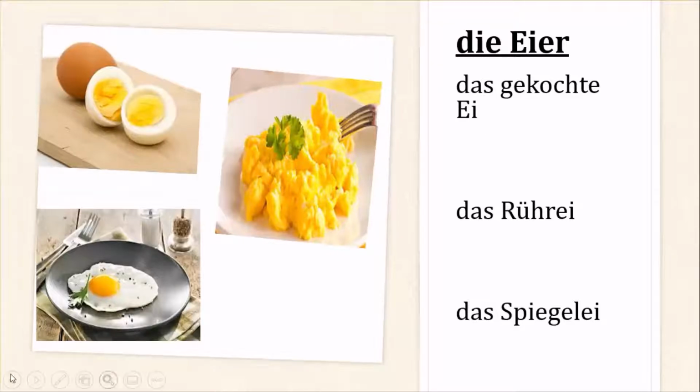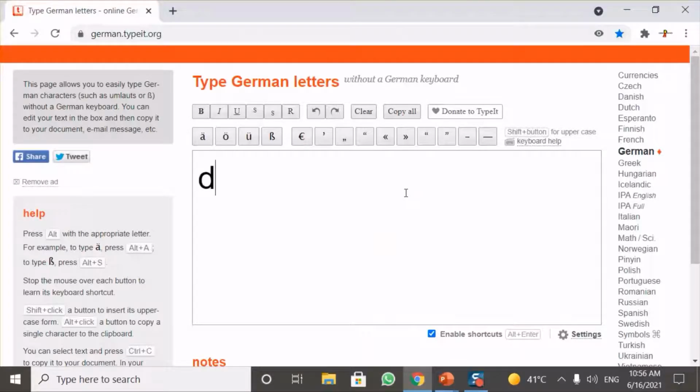Now the way to remember that a boiled egg is das gekochte Ei is: das Ei, and gekocht is the word used here, which is cooked.